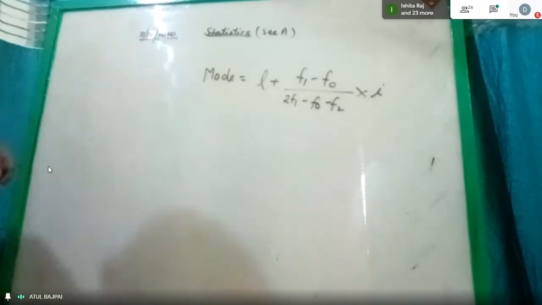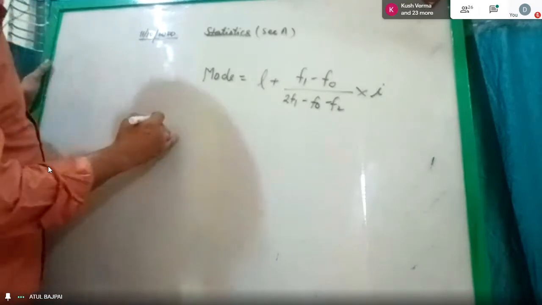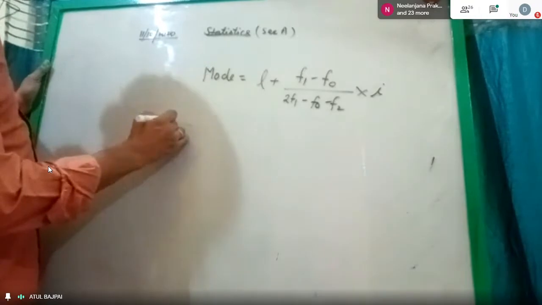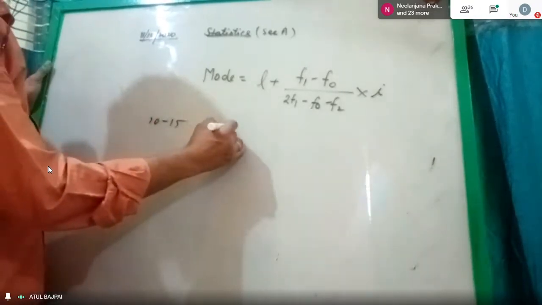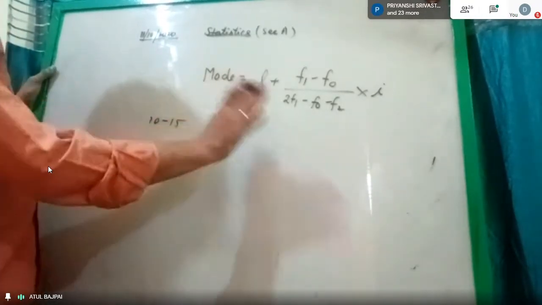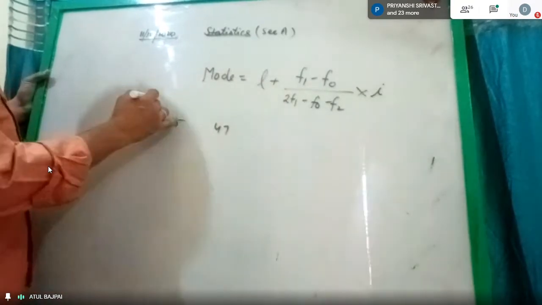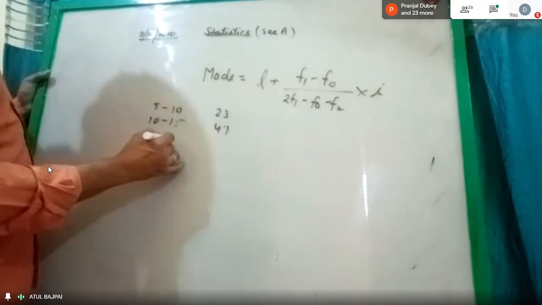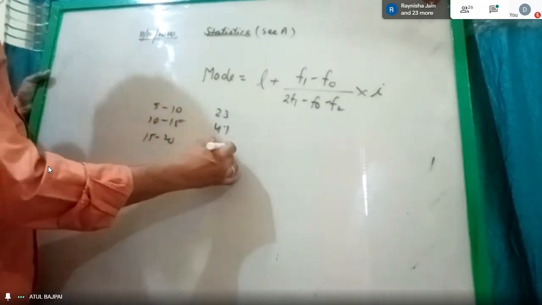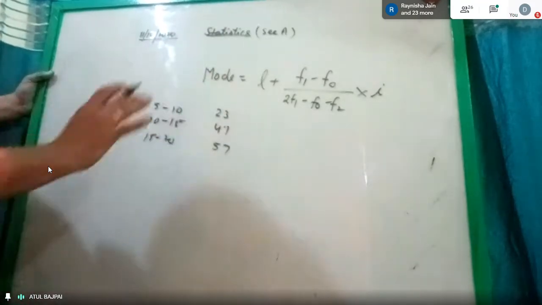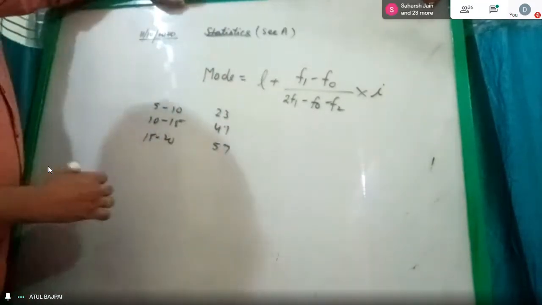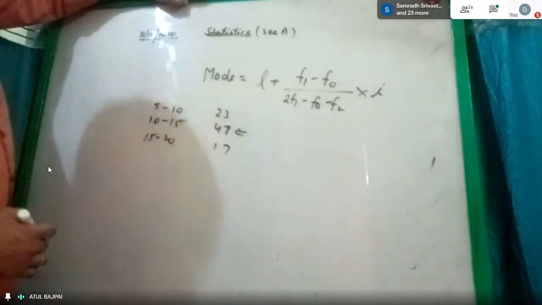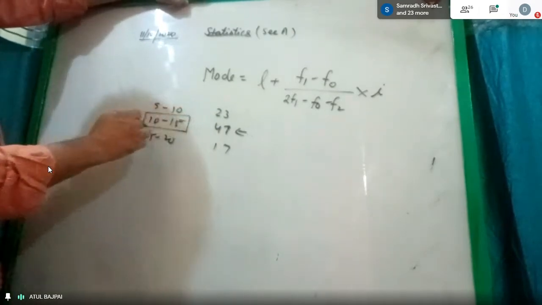Now, what are L, f1, f0? Suppose the class 10 to 15 has frequency 40. In mode, we don't require cumulative frequency. Before it, 5 to 10 has frequency 23, and 15 to 20 has frequency 57. Suppose this is some series; I am taking a part of it. I will take the whole question afterwards. The highest frequency in this case is 40, so this will be the modal class.